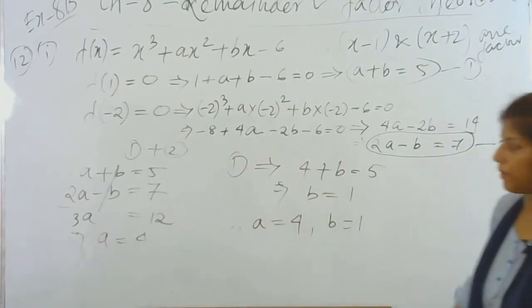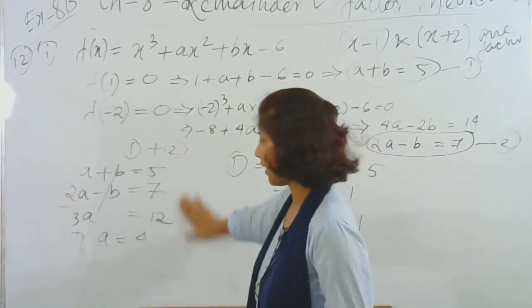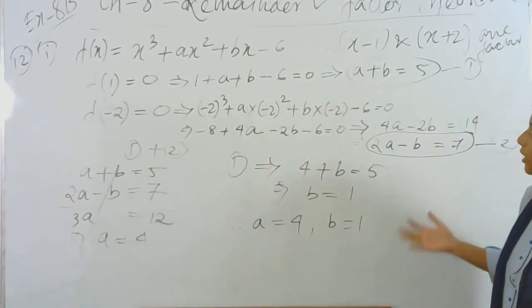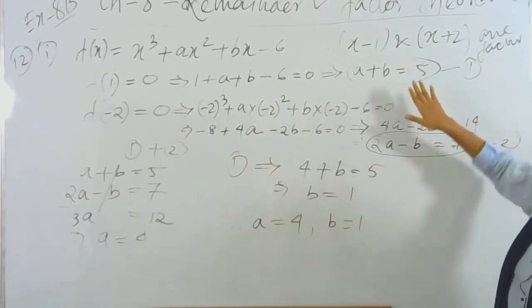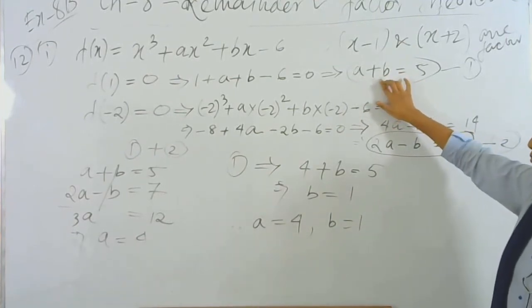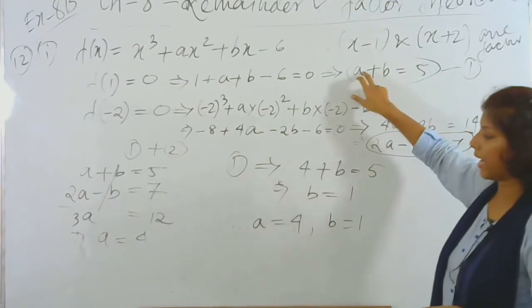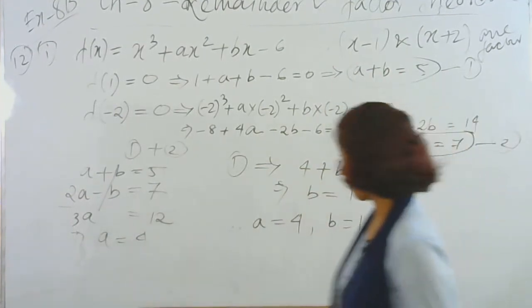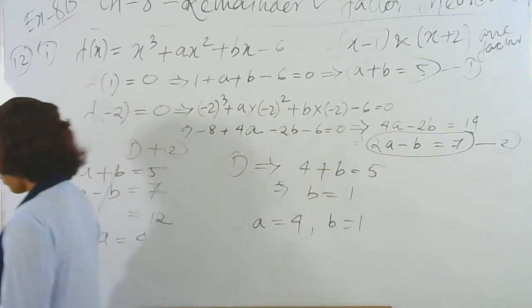I have done 1 plus 2, so I can solve a is 4. Then you put it in either equation; since number 1 looks simpler, I'll put it in number 1. Replacing a by 4, 4 plus b equals 5, so b will be 1.